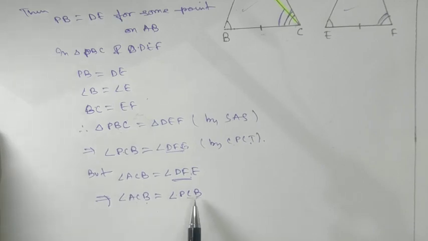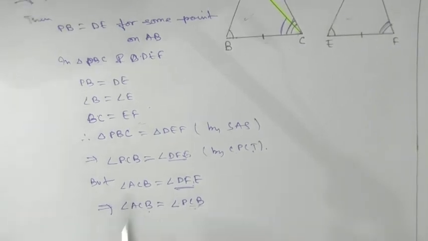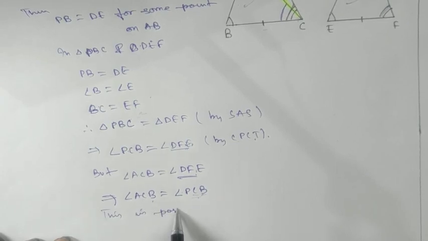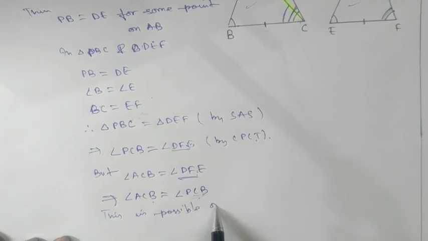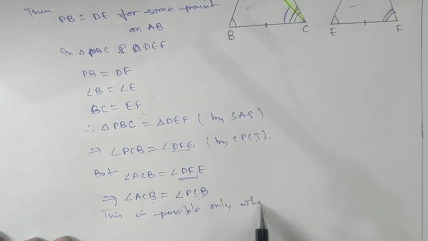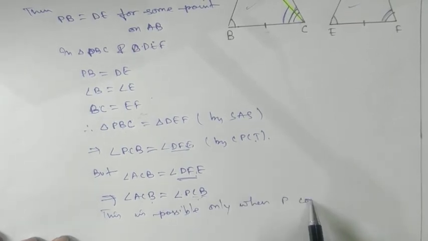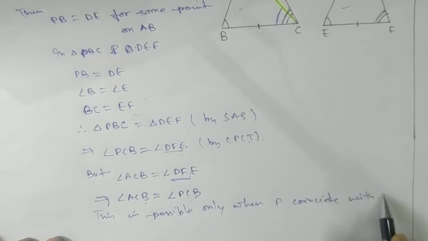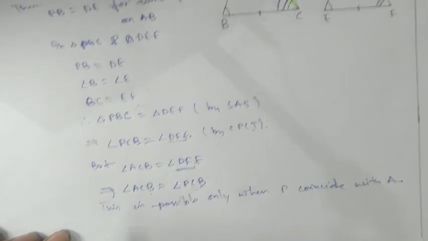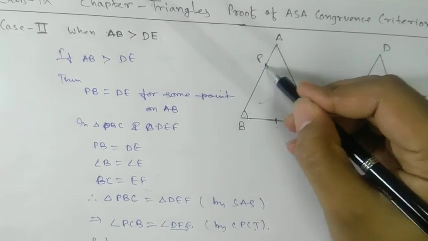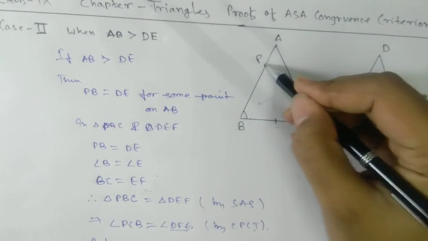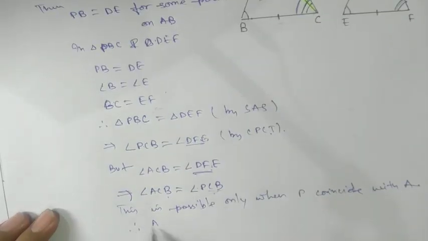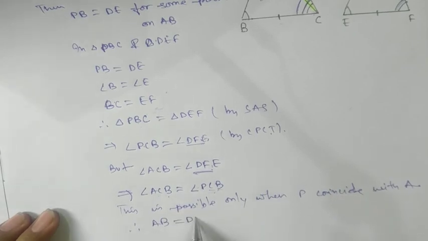This is possible only when P coincides with A. That means this is nothing but A. P should be A. Therefore, AB equals DE.